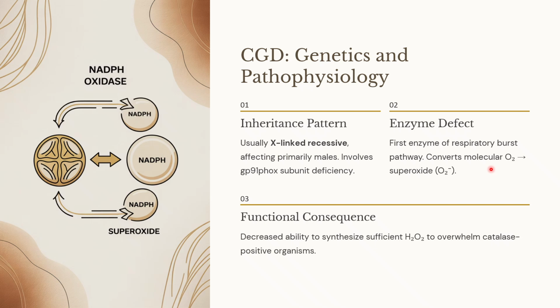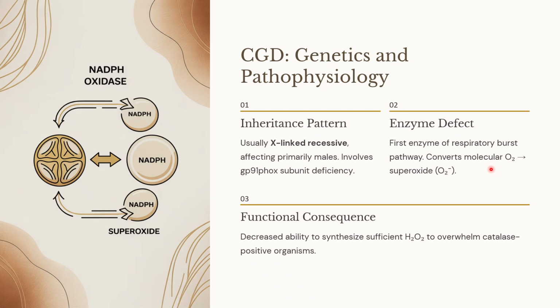Our cells can make use of this H2O2, which could not be produced because of the NADPH oxidase deficiency, and if there is myeloperoxidase, that H2O2 can get converted to HOCl.